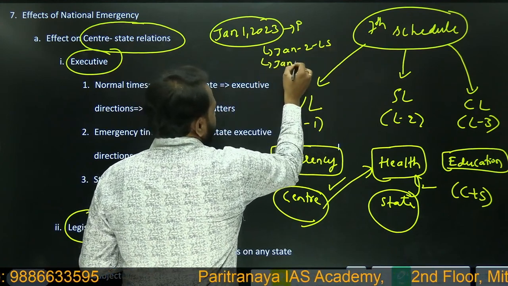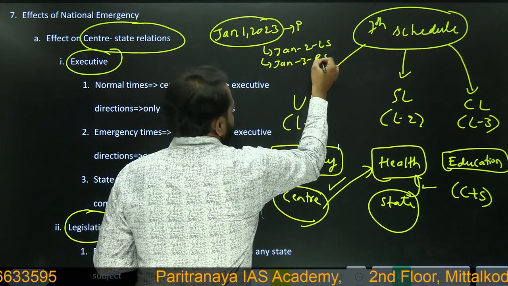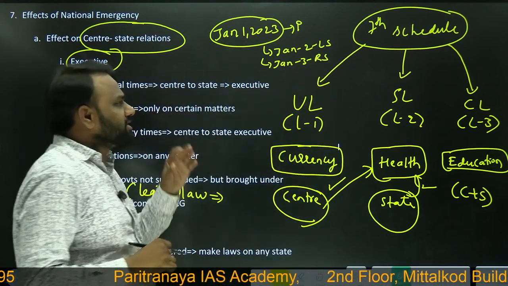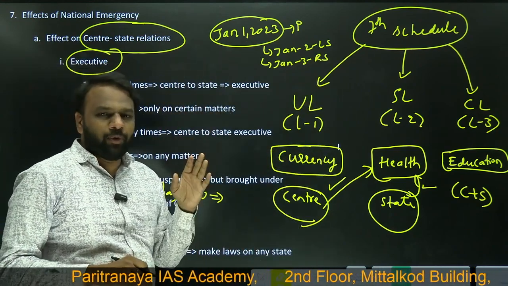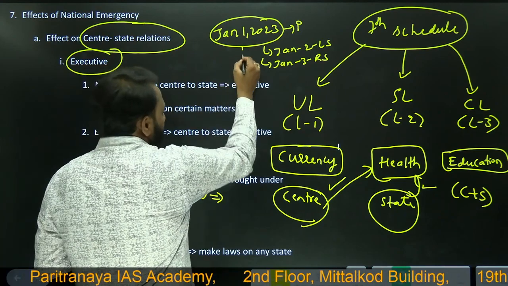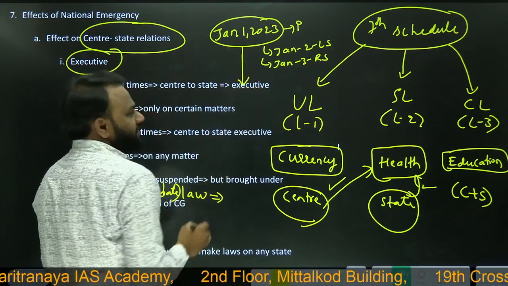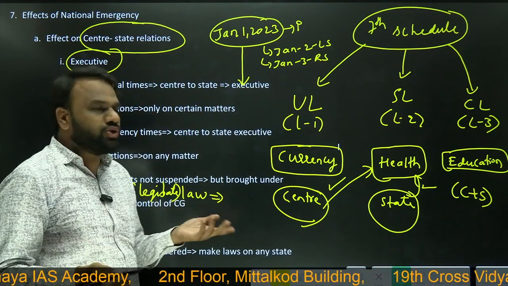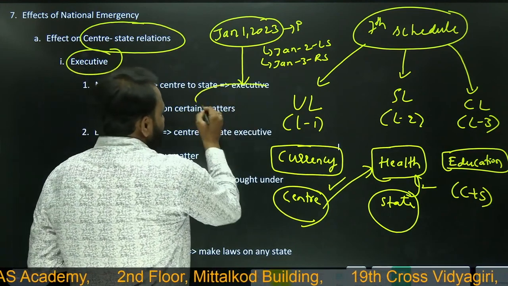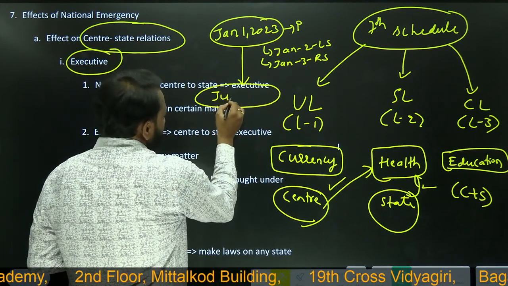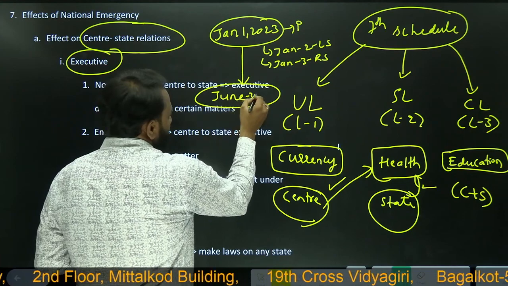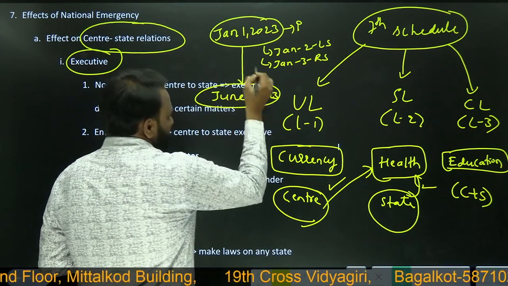On January 3, Rajya Sabha also approves it with special majority. Once Lok Sabha and Rajya Sabha approve it, this emergency will continue for 6 months, as we have seen in the previous class. So 6 months means June 30. The emergency will continue till June 30, 2023.